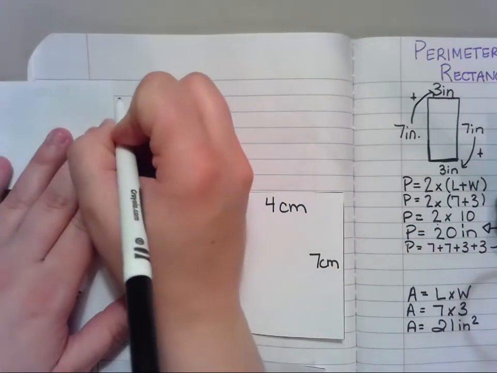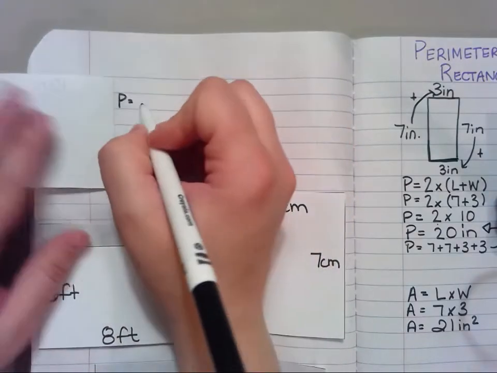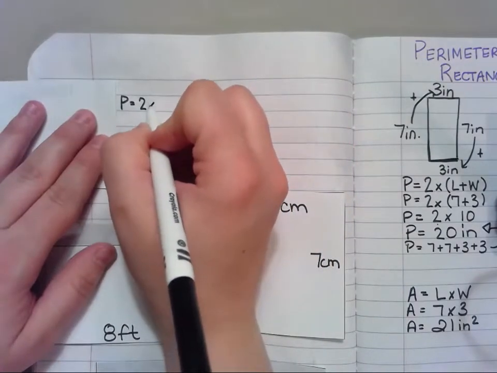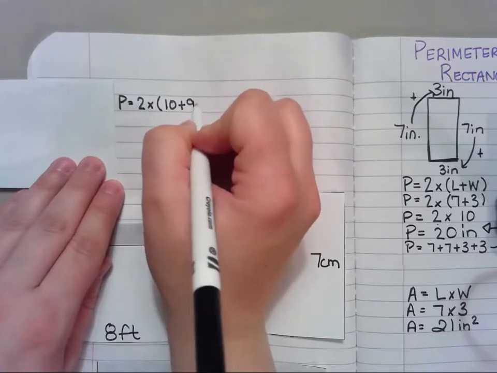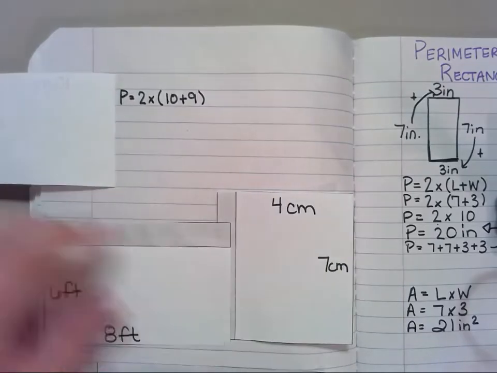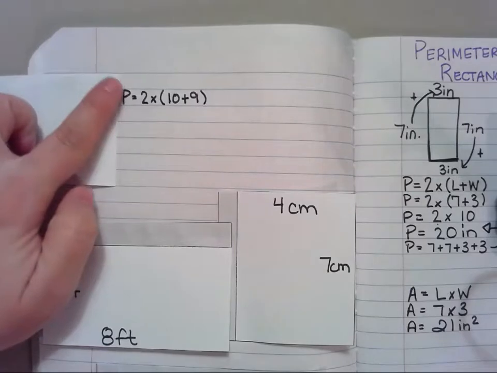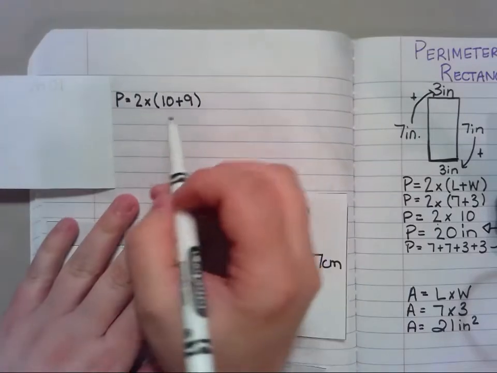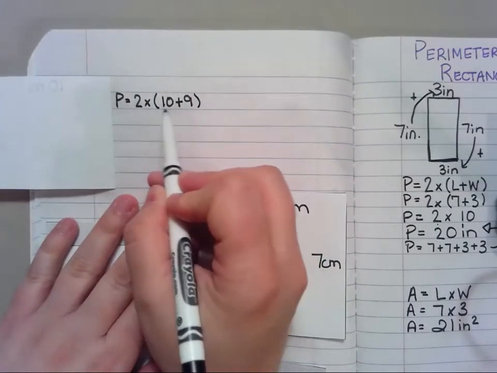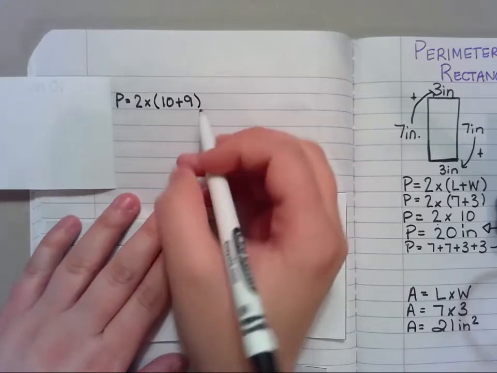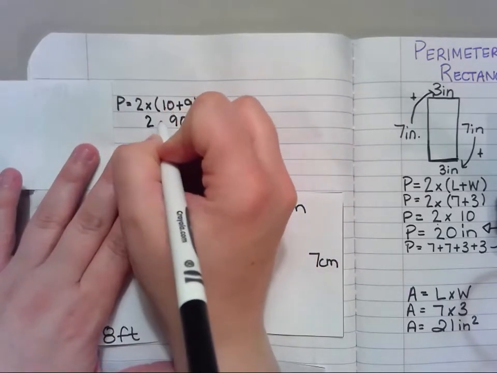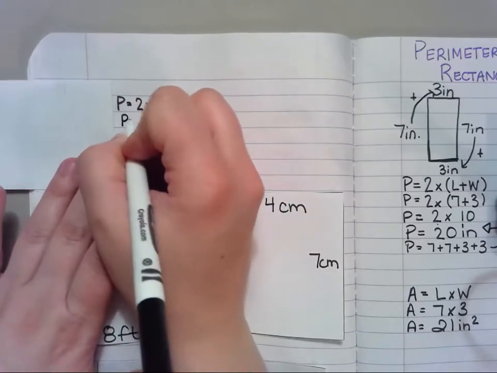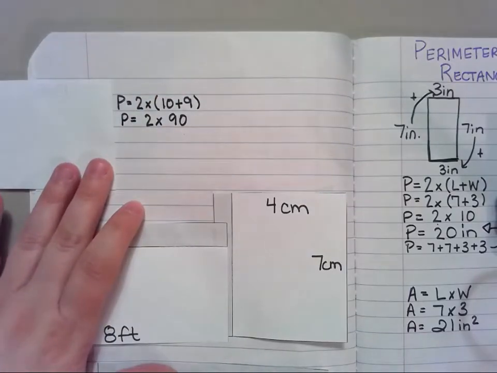So perimeter equals 2 times 10 plus 9. One side is 10, my other side is 9. Parentheses means do this first. 10 plus 9 is 90. I can't forget that I haven't multiplied by 2 yet.